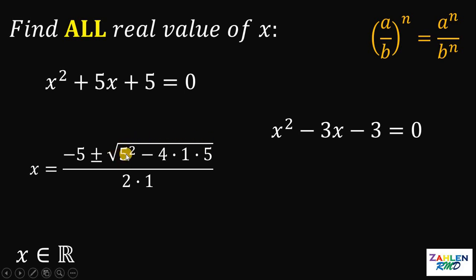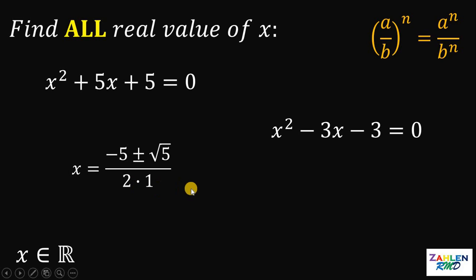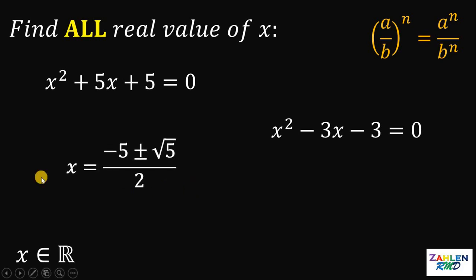We have 5 squared, which is 25, minus 4 times 1 times 5, or simply 20. 25 minus 20 is just 5. And 2 times 1 is just 2. Therefore, we have now two real values for x, which is equivalent to negative 5 plus or minus square root of 5 over 2. Now, the solution to the second equation is left as your exercise.